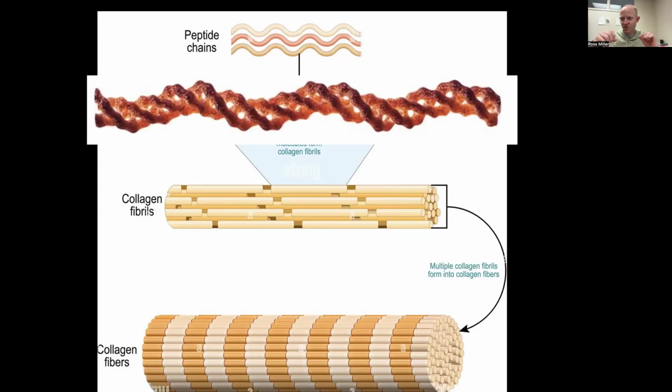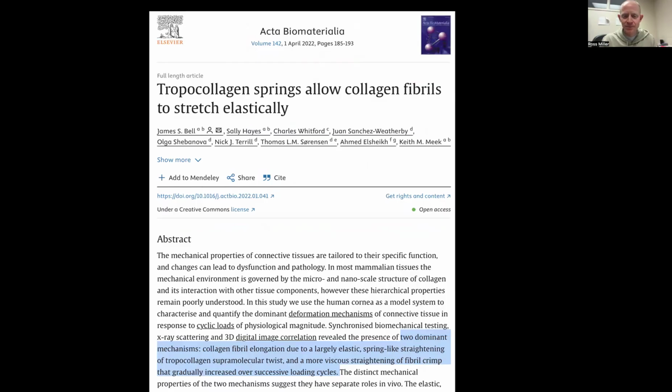And then as you get up to stretching it to its longest possible length without developing an injury, that's where both of those things would be maxed out. It would be fully uncrimped and fully untwisted. Any additional stretch beyond that would run a risk of fracturing these peptide chains, which would be an injury, or at least a mechanical definition of injury at the microscopic scale here.